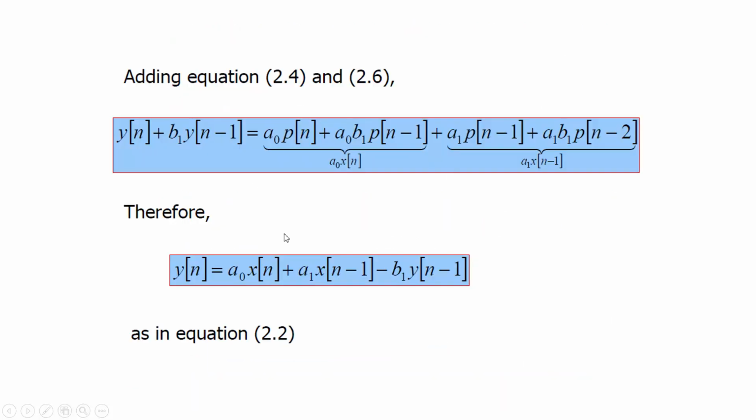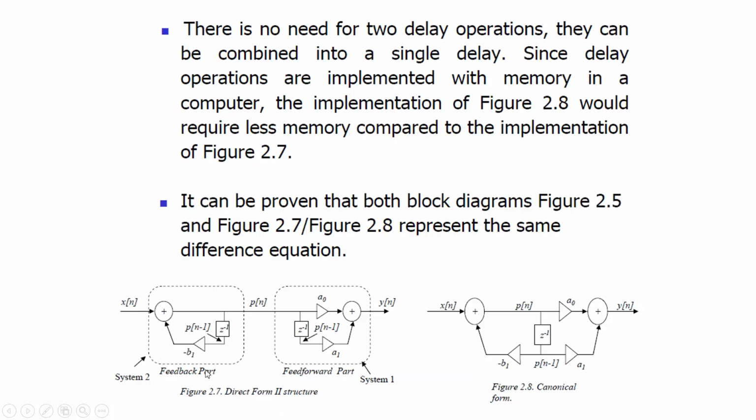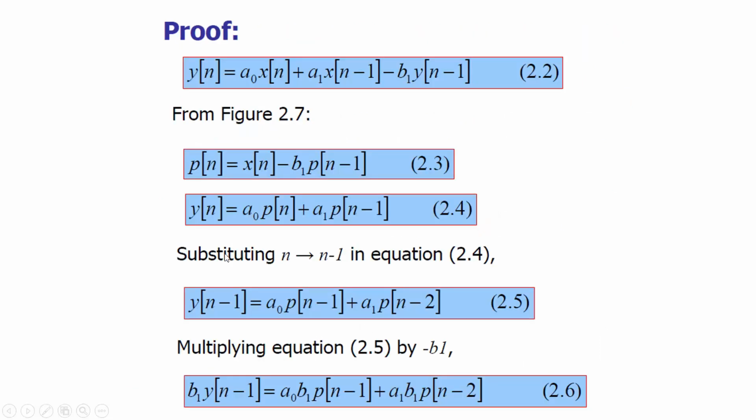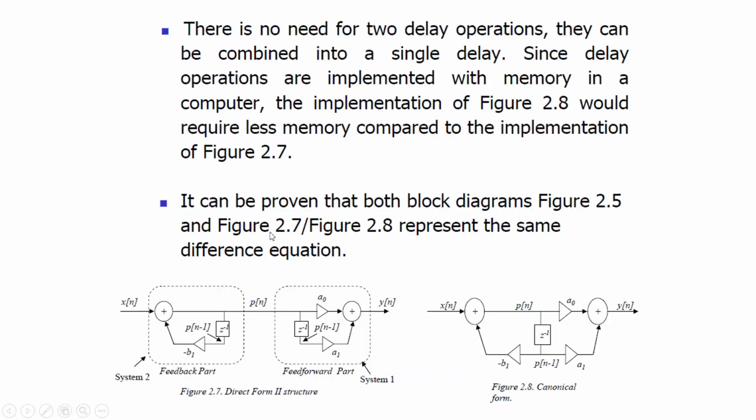And what will be yn? yn will be, considering all the blocks, equal to a0 pn. If you see here, a0 pn is coming from this side, and pn is also delayed, which gives pn minus 1 multiplied by a1.